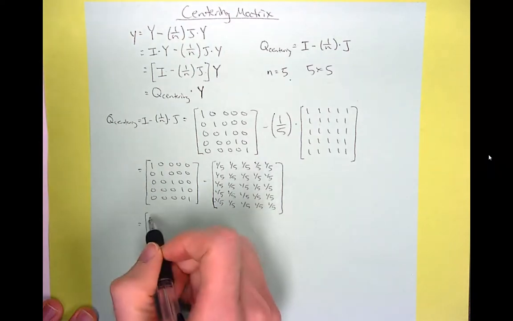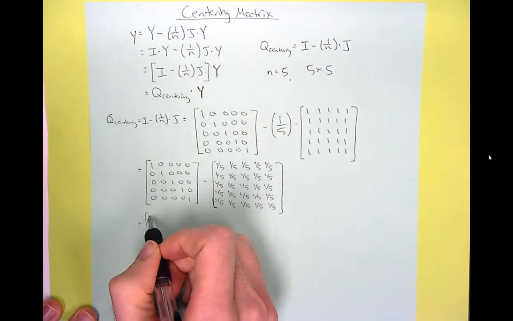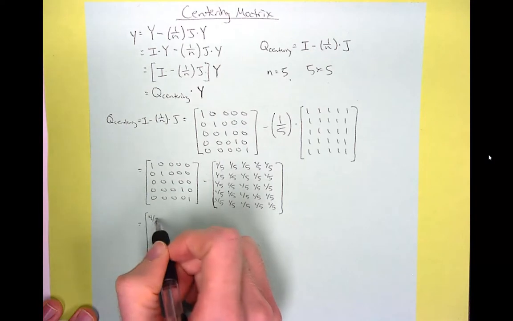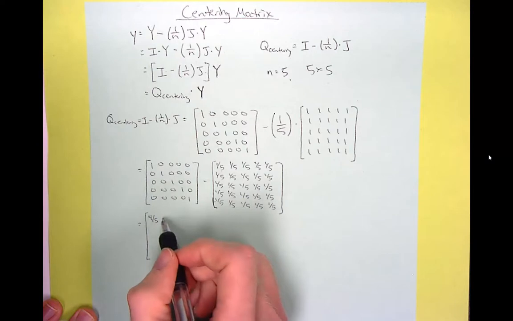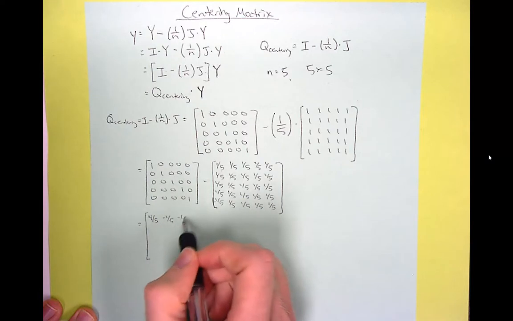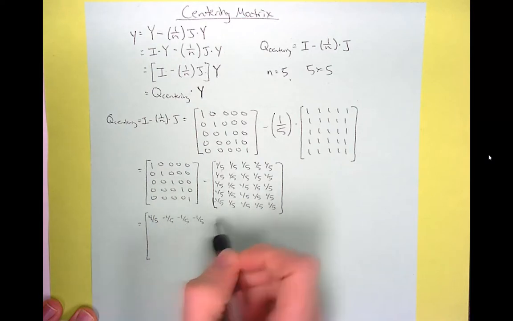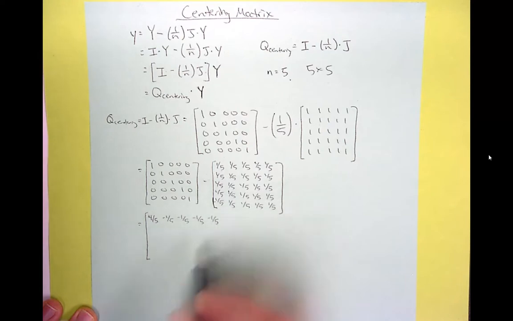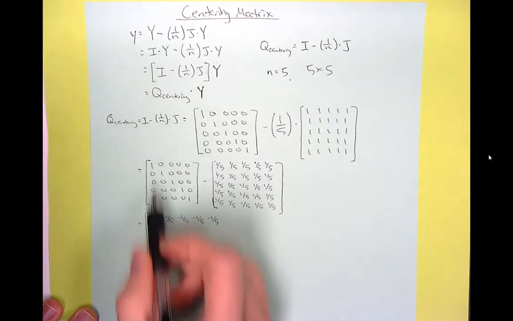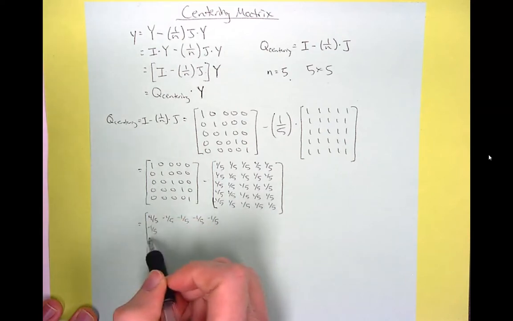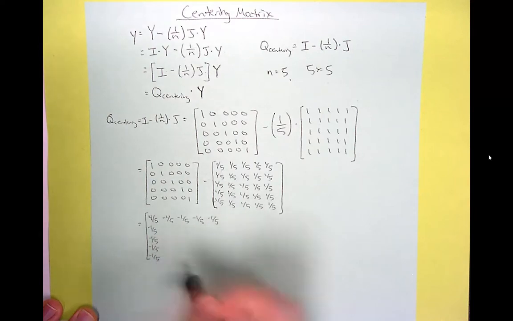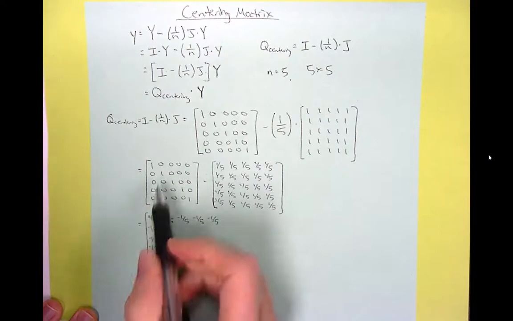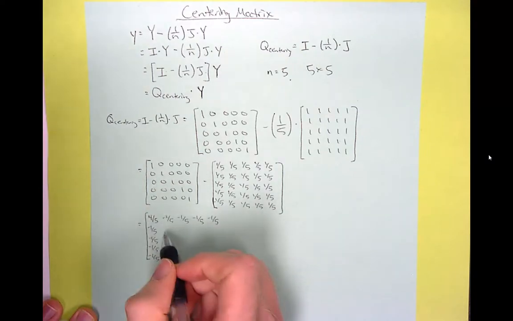So what we'll get is 4/5. If you notice, this is just going to be negative 1/5 across the rest of them, and also down here it's going to be negative 1/5. In fact, wherever there are zeros, it's going to be negative 1/5, and where there are ones, it's going to be 4/5.